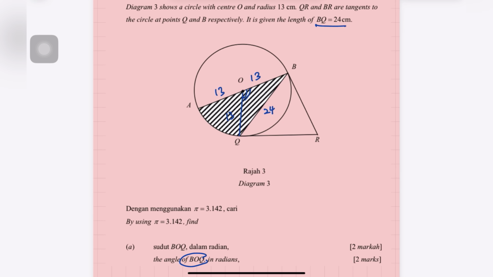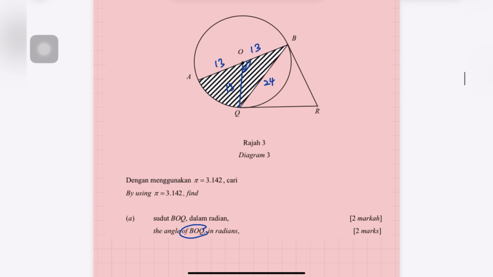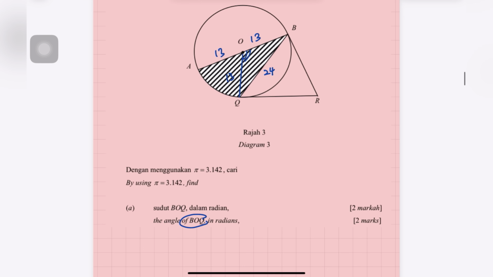To find BOQ, we can use the cosine rule. So 24 squared equals to 13 squared plus 13 squared minus 2 times 13 times 13 cos angle BOQ.